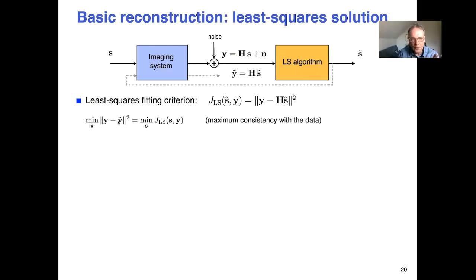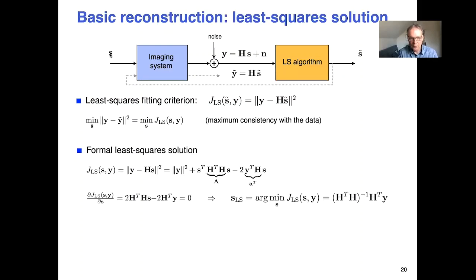So as an algorithm, I just want to minimize this error so that my reconstruction is as consistent as possible with the measurements. If you write your cost function like that, it's a quadratic thing, and I can expand it using very basic manipulation of vectors and matrices.